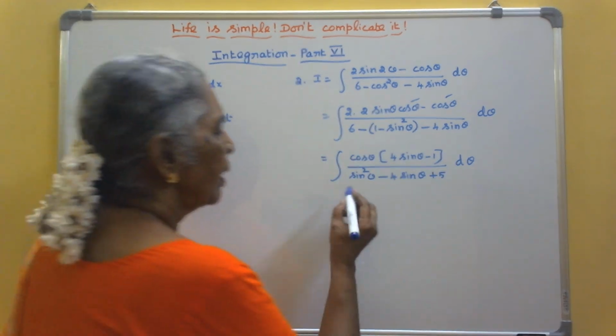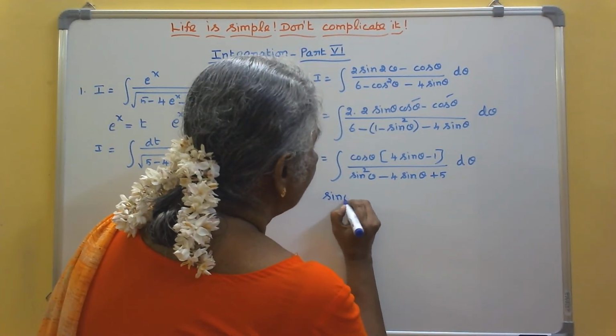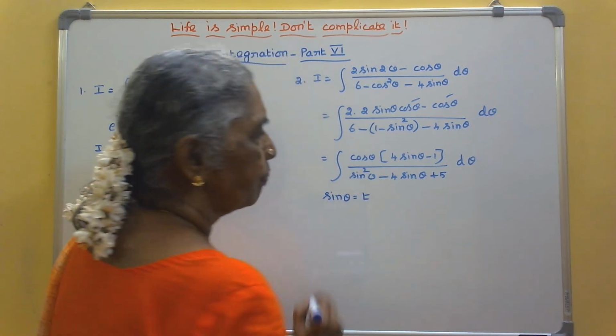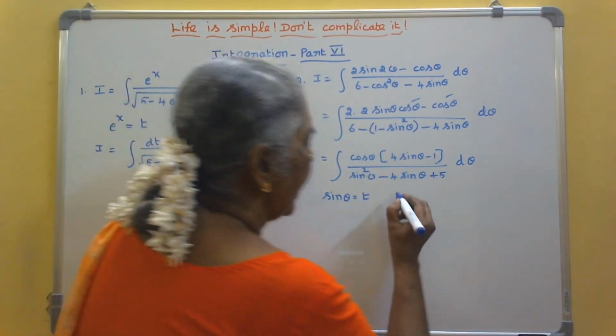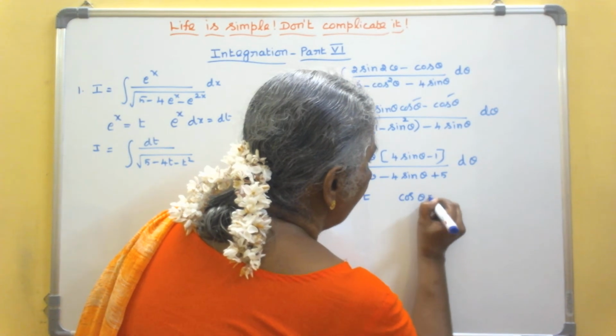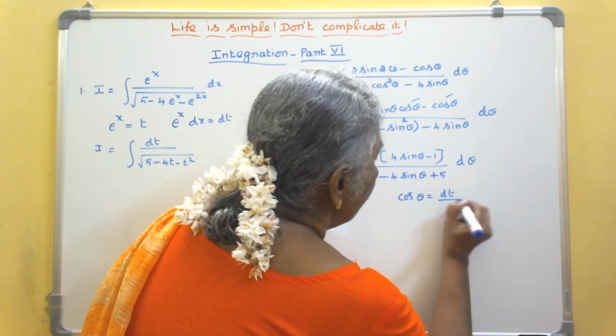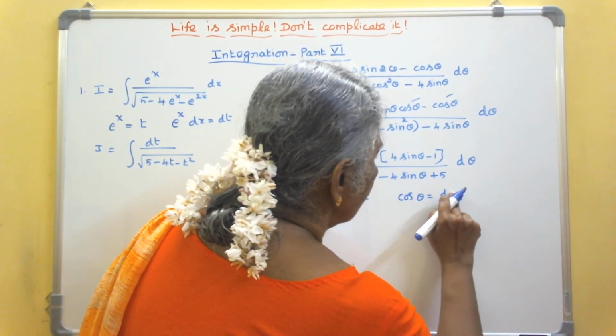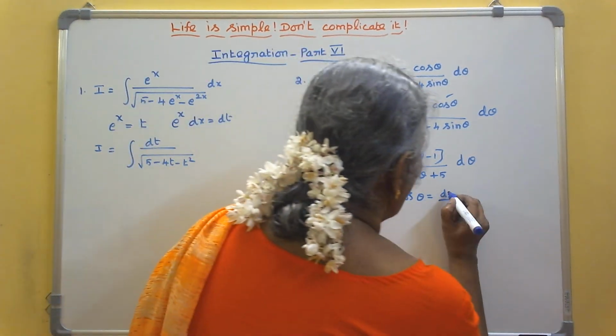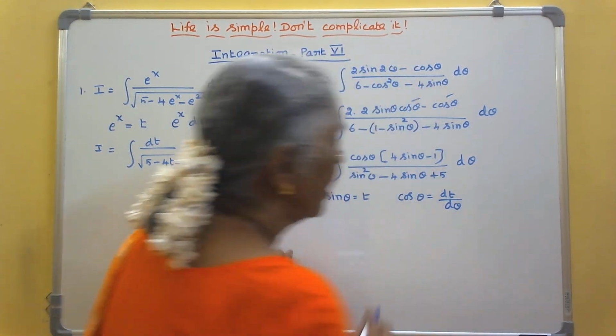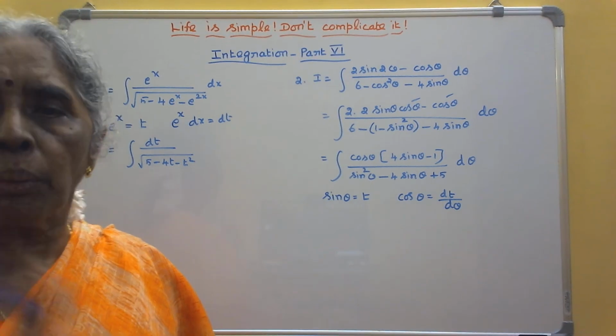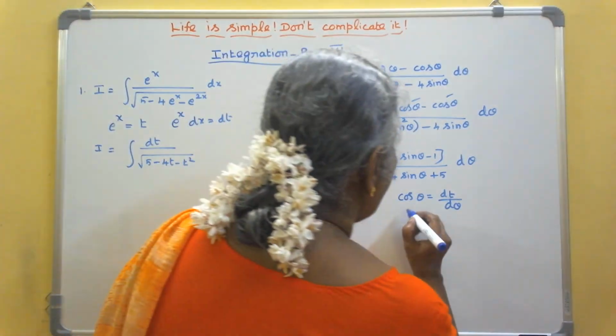So now you are going to put sin theta is equal to t. Okay. When you differentiate, you will get cos theta is equal to dt by d theta, because I am differentiating with respect to theta now. Bring the d theta here.